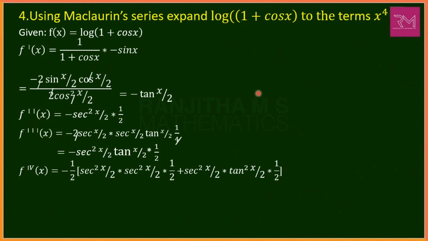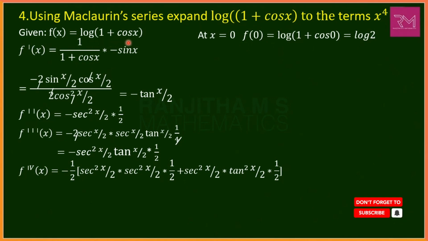After finding all this, we have to find these values at x equal to 0. At x equal to 0, f of 0 is log of 1 plus cos 0.